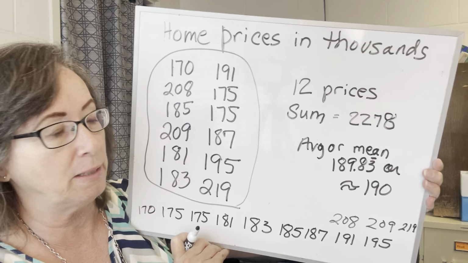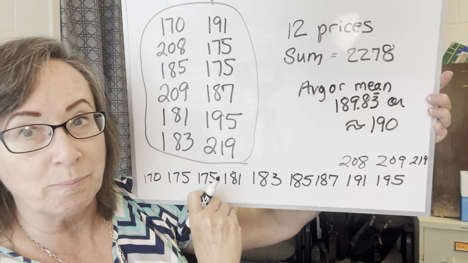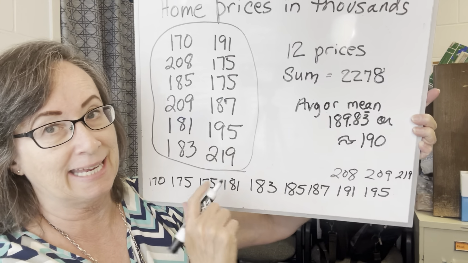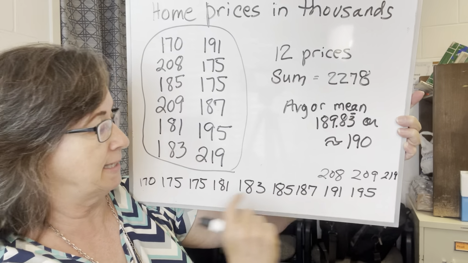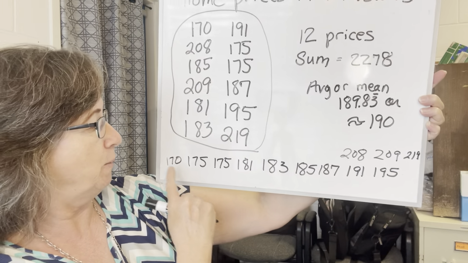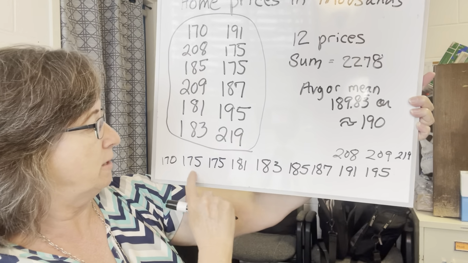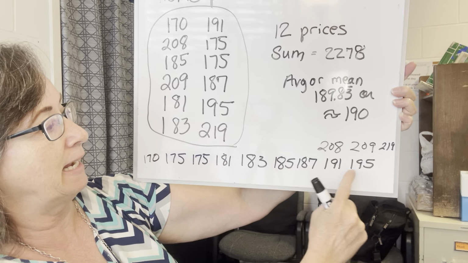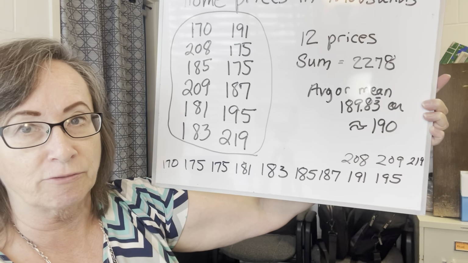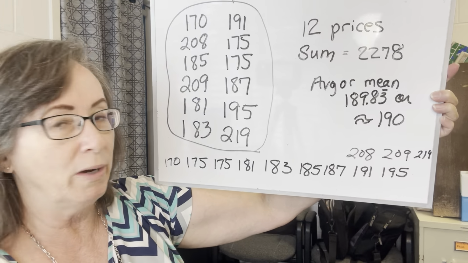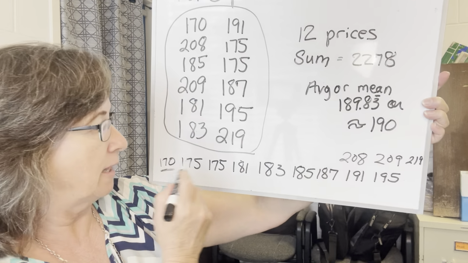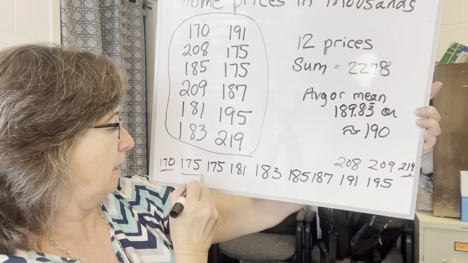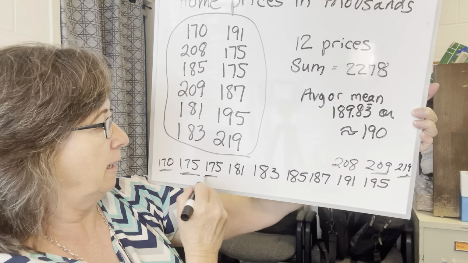Now we move to the median. For the median, we must put all of the prices in order from least to greatest. And your book has this done for you also. Once we get them all in order, 1, 2, 3, 4, 5, 6, 7, 8, 9, 10, 11, 12, I ran out of room, then we're going to find the middle number. So here's the left one, okay, the next one, the next one.